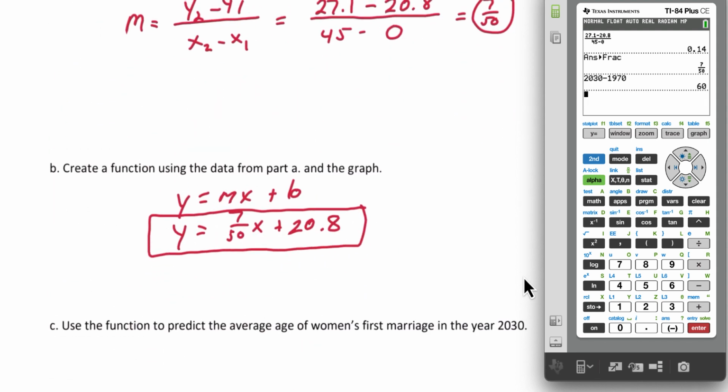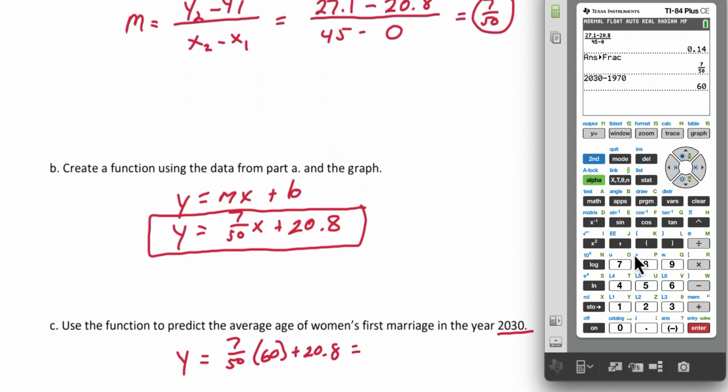So going back to our equation, y equals 7/50 times 60, 60 being the number of years after 1970, plus 20.8.